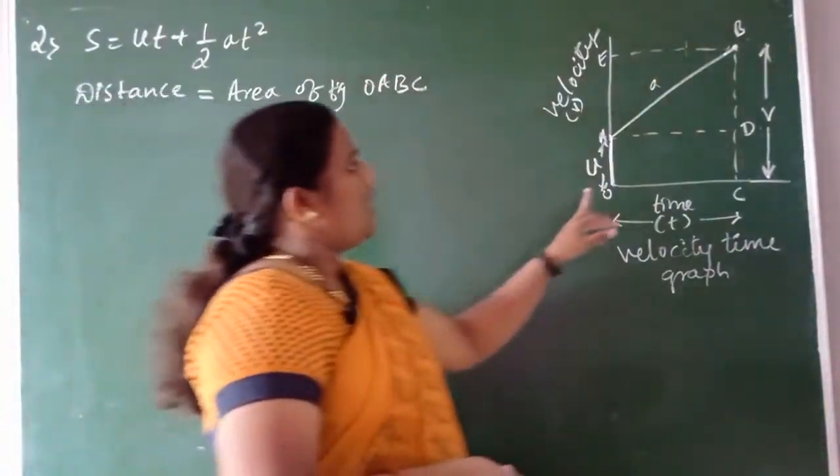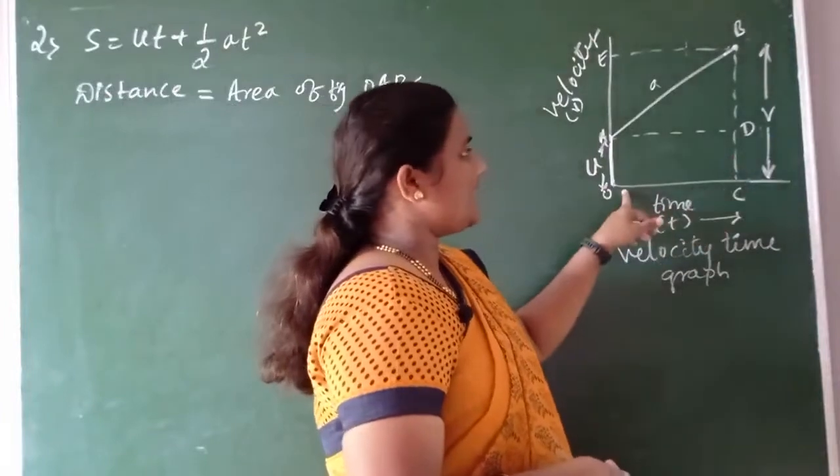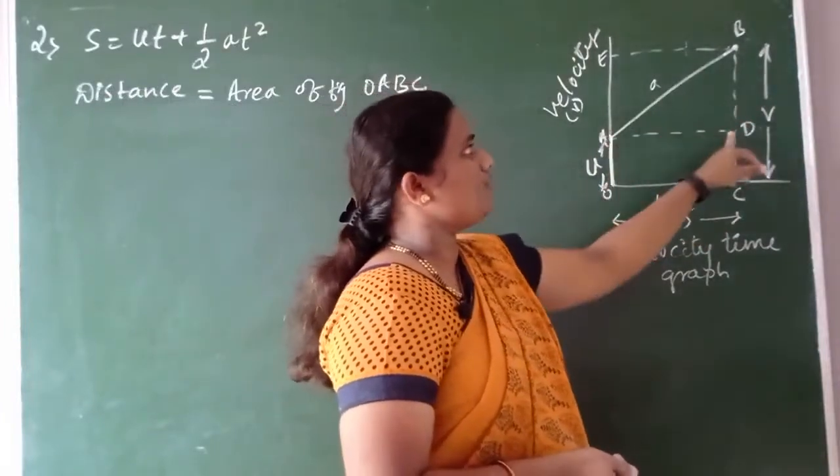This area of figure OABC consists of two things: an area of a rectangle and similarly an area of a triangle.